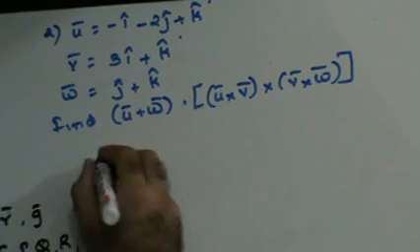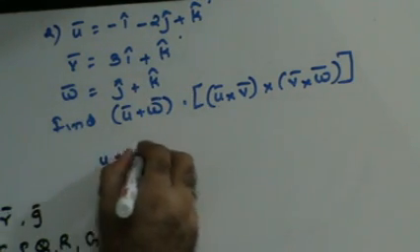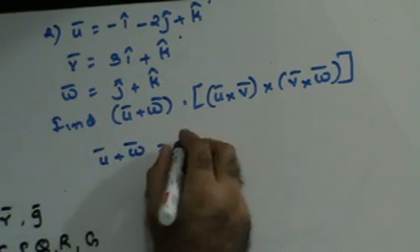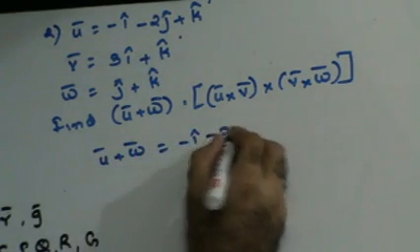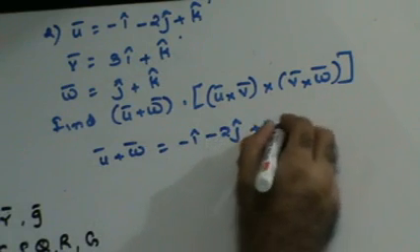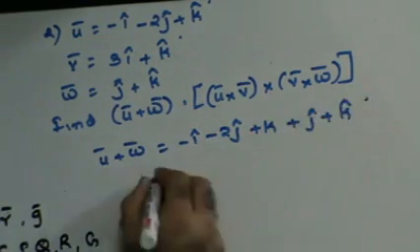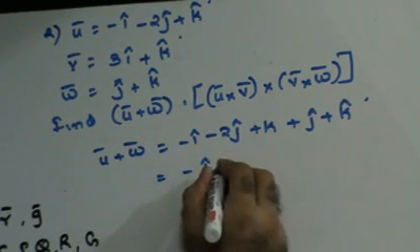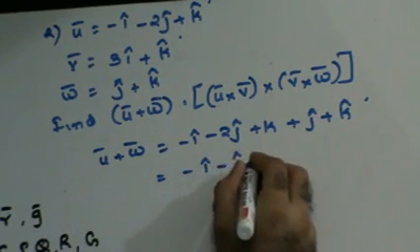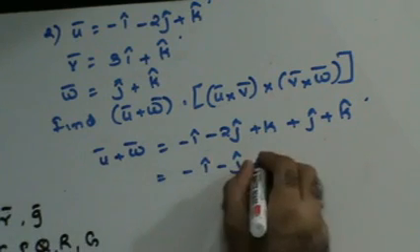Okay? Now let's see how do we find out scalar triple product. First let's find out the individual values. You want to find out u vector plus w vector. u is minus i minus 2j plus k, plus w.